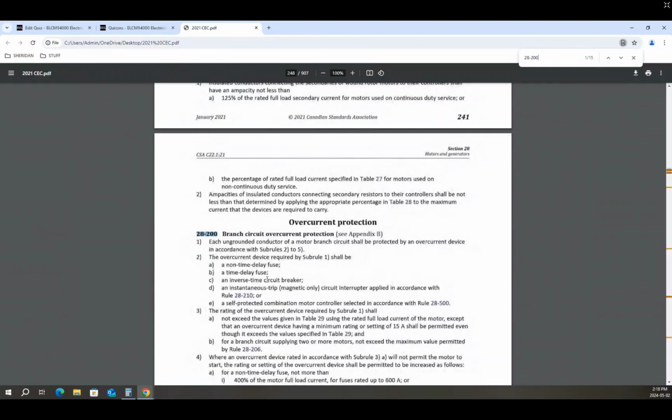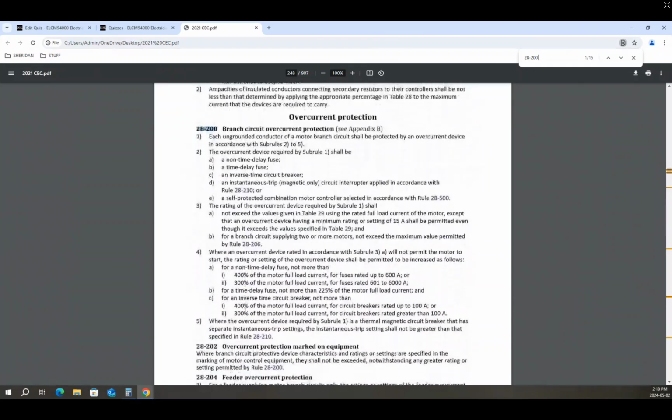Branch circuit overcurrent. I'm on 57. By an overcurrent device. Non-time delay, time delay, instantaneous. Rating of overcurrent devices should not exceed the values given in table 29 using the full load current of the motor.